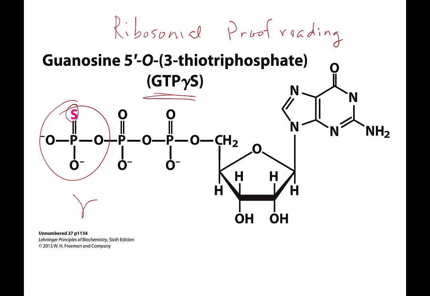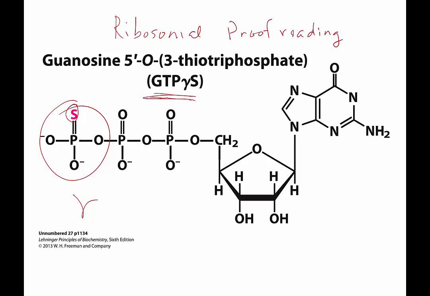The interesting thing is that researchers who used this to study the process found that if you use this instead of normal GTP, you get a reduced hydrolysis rate, and you get higher fidelity of correct amino acid incorporation into the protein. The problem with this higher fidelity, though, is that it leads to a slower synthesis rate.